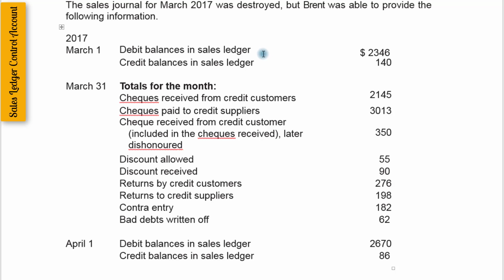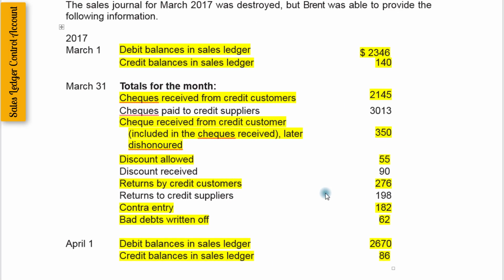Whenever we're going to prepare a control account, we have to ensure that the information we're using is relevant or pertinent to the specified control account. In this question we are preparing the debtors control account, so we're going to scan through the question quickly and ensure that all the items we're using pertain to the debtors.